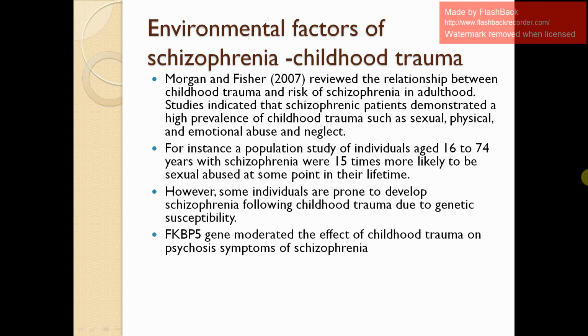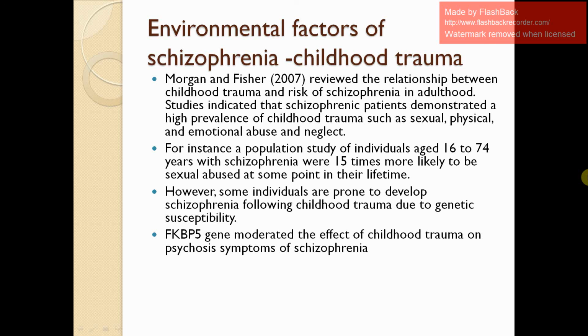Environmental factors of schizophrenia such as childhood trauma. Morgan and Fisher 2007 reviewed the relationship between childhood trauma and risk of schizophrenia in adulthood. Studies indicated that schizophrenic patients demonstrated a high prevalence of childhood trauma, such as sexual, physical, and emotional abuse and neglect.